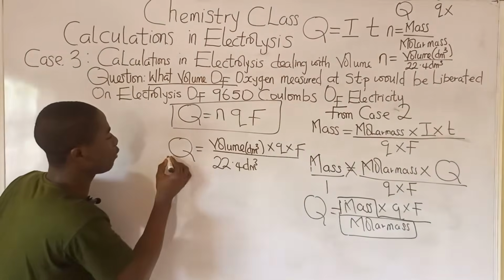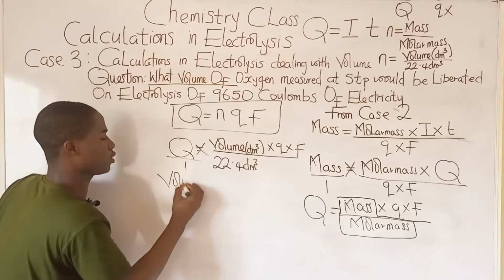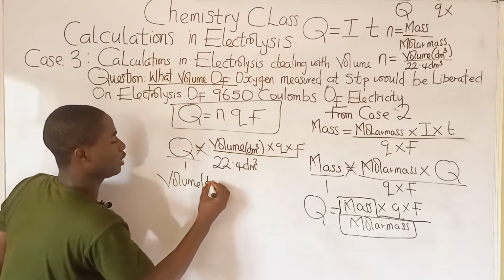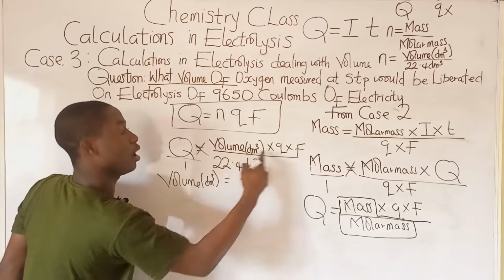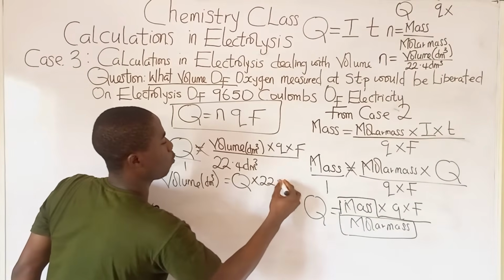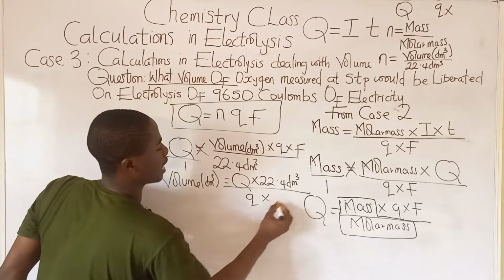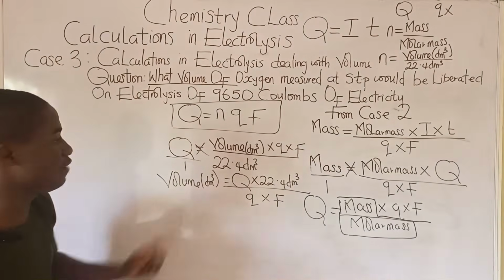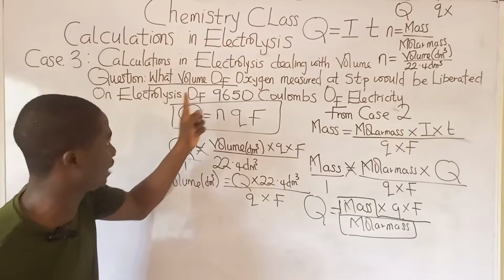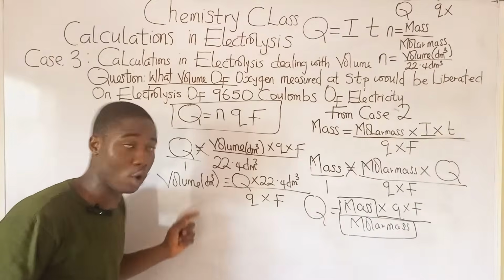Right now we are to make volume in dm cube the subject of the formula. Doing that, we will have Q times 22.4 dm cube over small q times F. This is the formula to solve electrolysis questions when volume is asked.